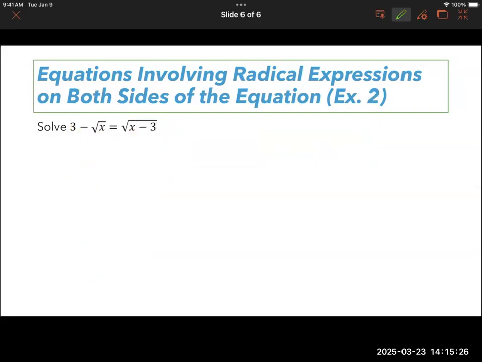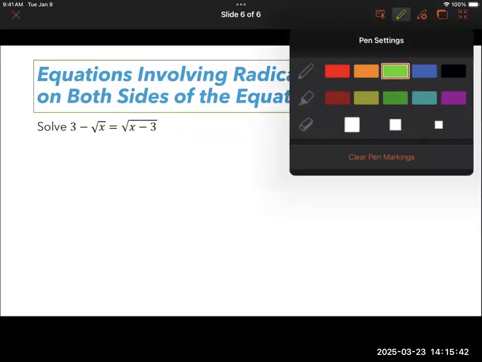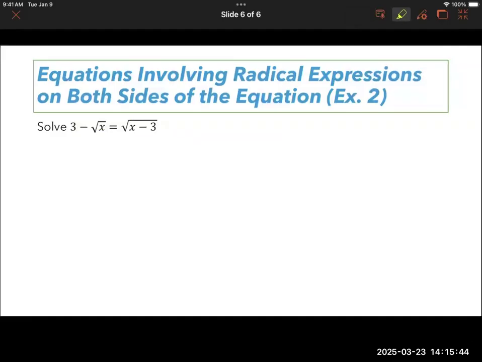Now, if I cannot get both radicals isolated on either side of the equation, then I have to approach this a little bit differently. So the first step is to get one of the radicals isolated on one of the sides. And I would recommend, if you have a choice, use the one that is quote unquote bigger.